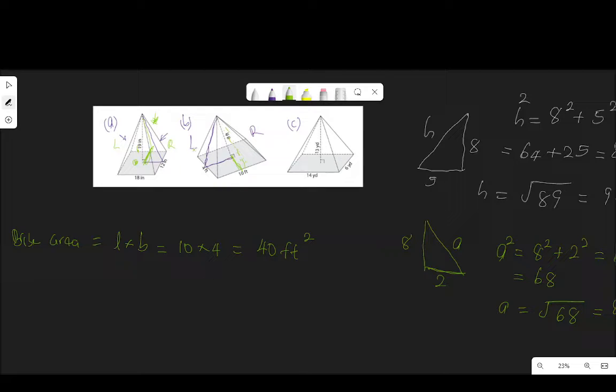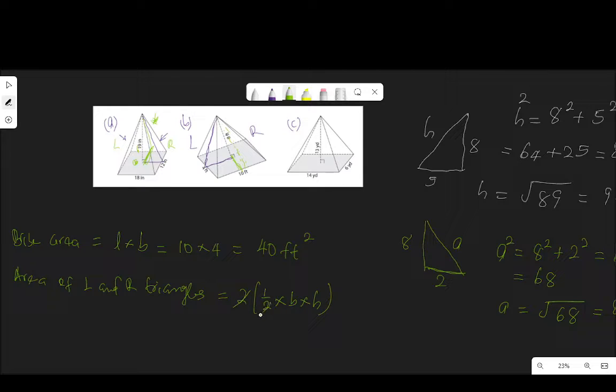Now, area of left and right triangles will be 2 times half times base times height. 2, because the two of them are the same.